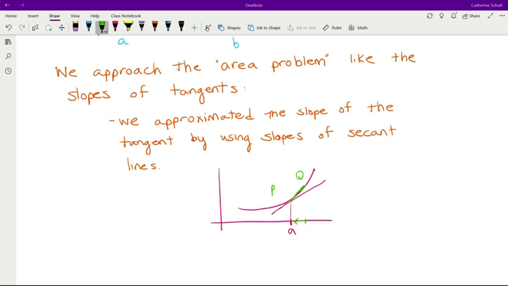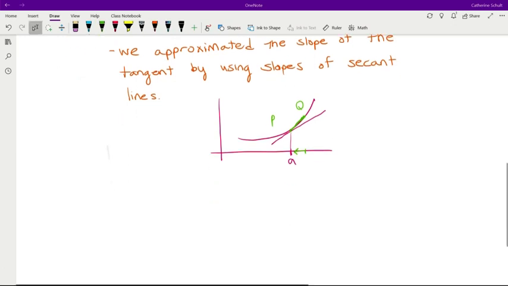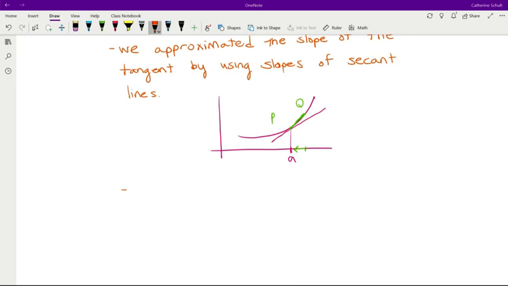Then we moved Q towards P, and eventually that secant line in green would become the tangent line. And what that process is, is a limit. So we took the limit of those approximations. And we're going to do something similar to figure out the area.